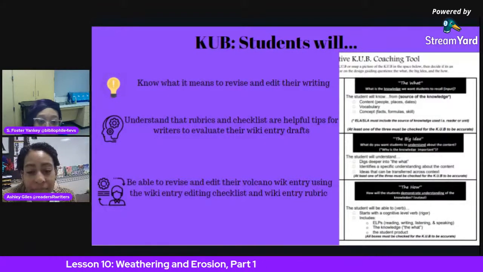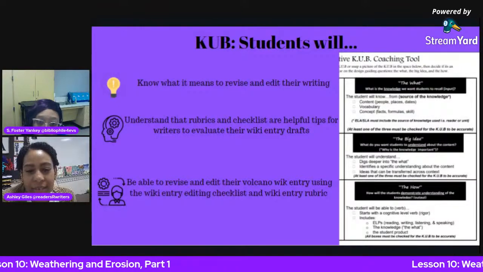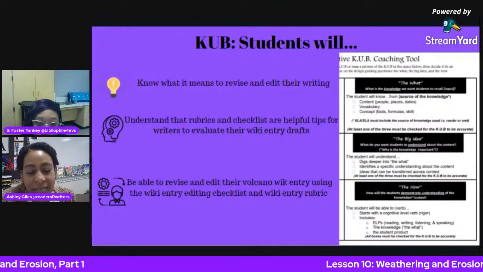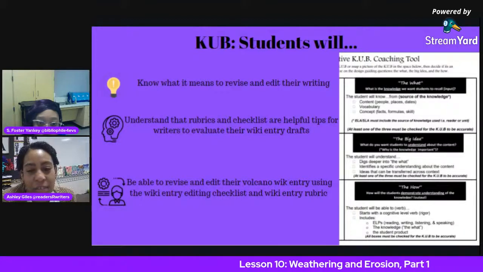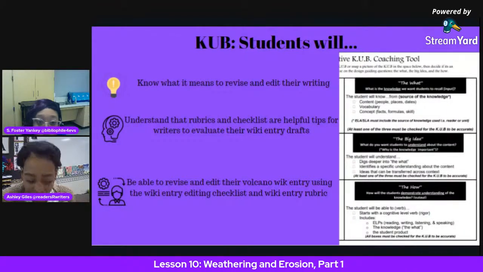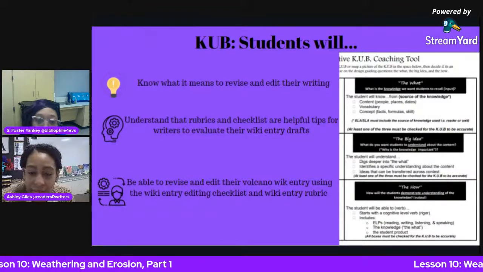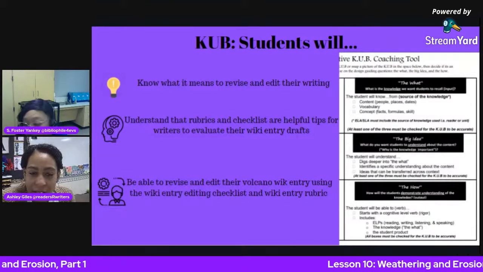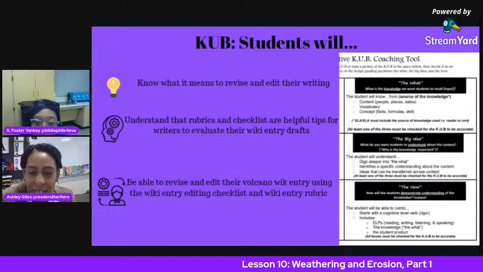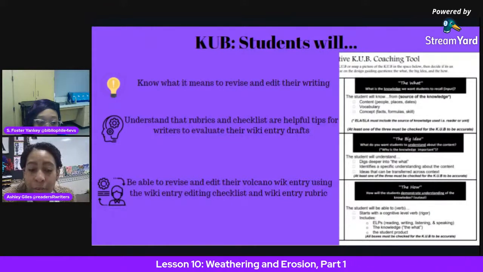For the "know", what it means to revise and edit their writing. What are they supposed to know? Maybe the purpose of revising and editing their writing. If I ask a kid, what is the purpose of revising and editing? To make your paper better, improve.